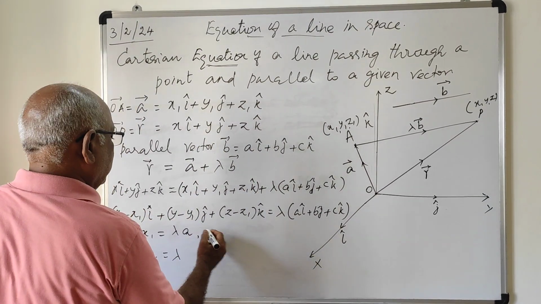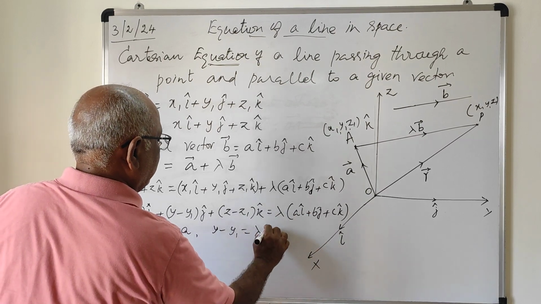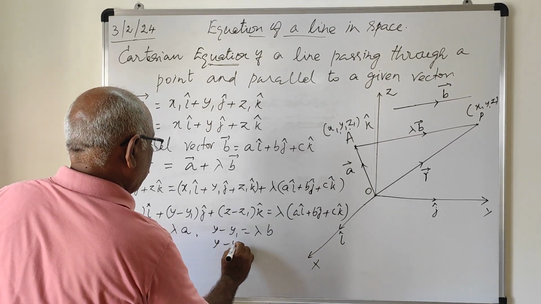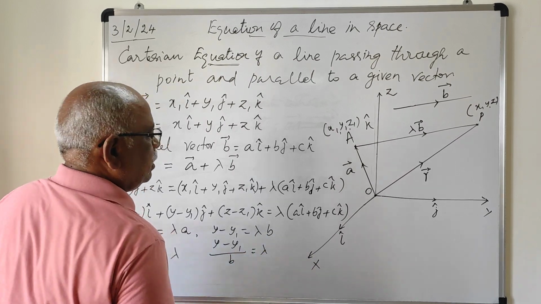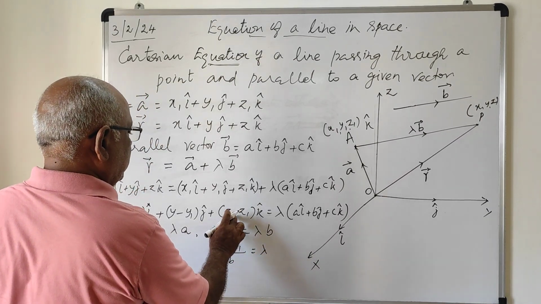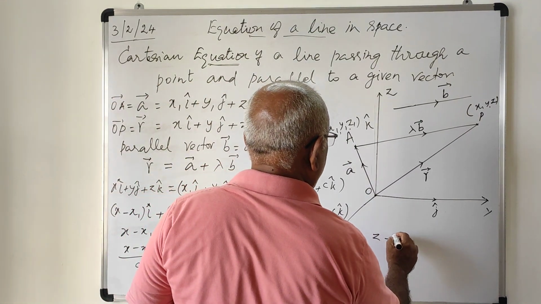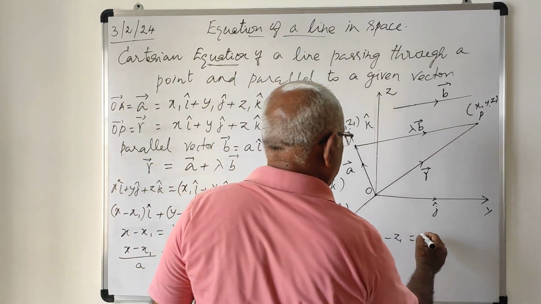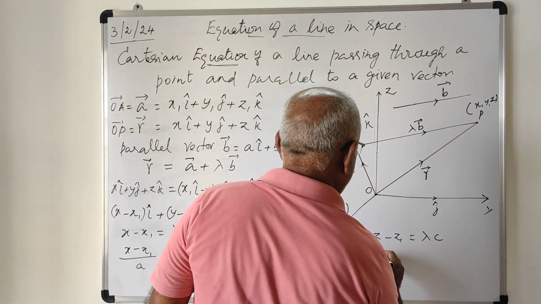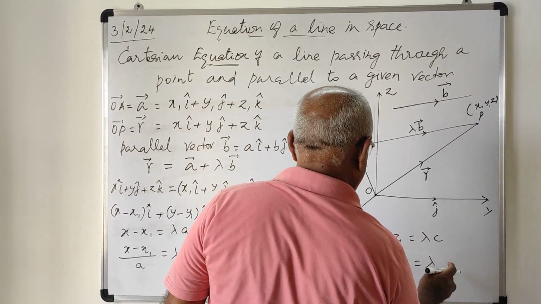Similarly, comparing the j coefficient, y minus y1 equal to lambda b, so y minus y1 by b equal to lambda. Similarly, the coefficient of k is z minus z1 equal to lambda times c, so z minus z1 by c equal to lambda.